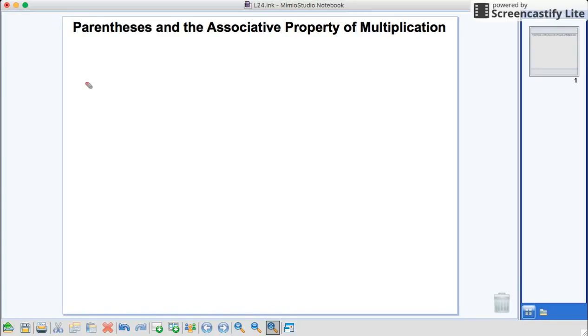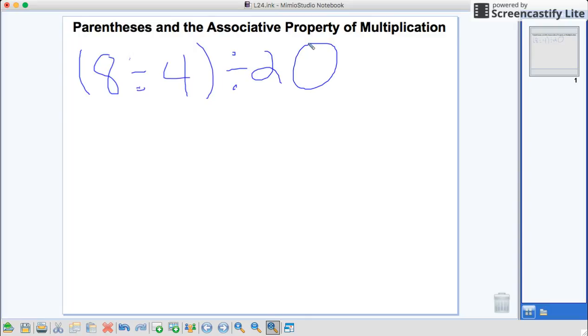Okay, we have 8 divided by 4 divided by 2. I'll put a comparison symbol here. On the other half of that would be 8 divided by, my division signs don't look really pretty, 4 divided by 2.